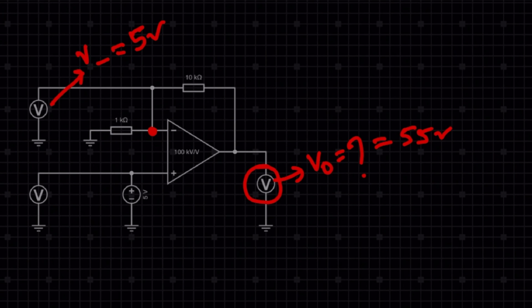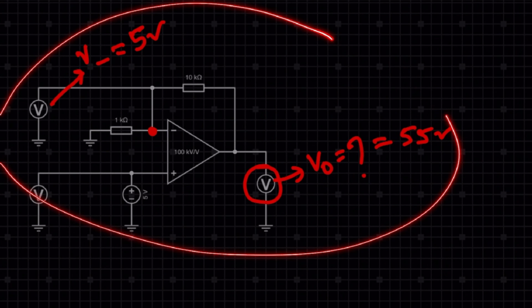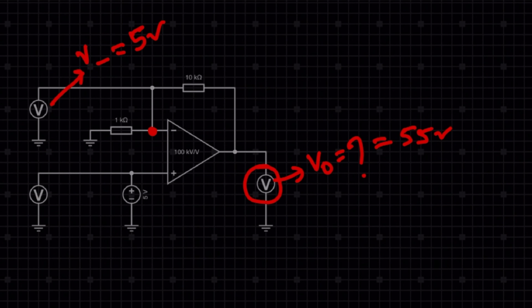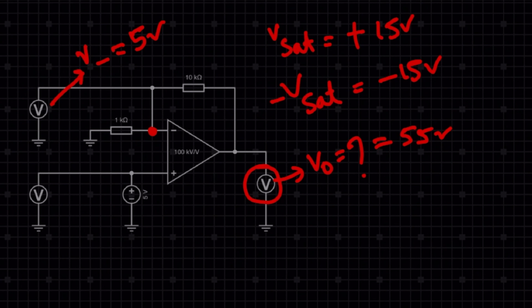Now one thing, this solution will be true if there is no saturation voltage, okay? But in the question they provided plus V saturation equal to plus 15 volt and minus V saturation equal to minus 15 volt, right?